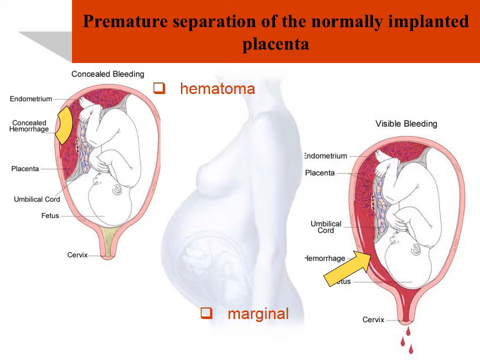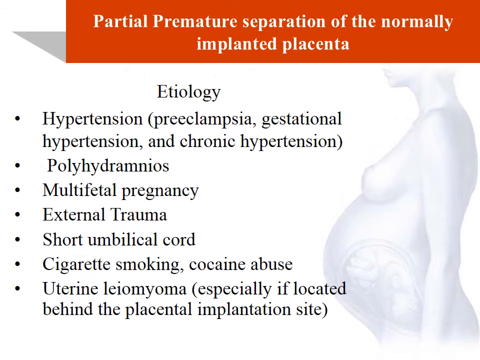There are two main forms: concealed, where hemorrhage is confined within the uterine cavity and is the most severe form. The amount of blood lost is easily underestimated. Revealed, where blood drains through the cervix, usually with incomplete placental detachment and fewer associated problems. There are recognized factors that increase risk of premature separation of the normally implanted placenta.